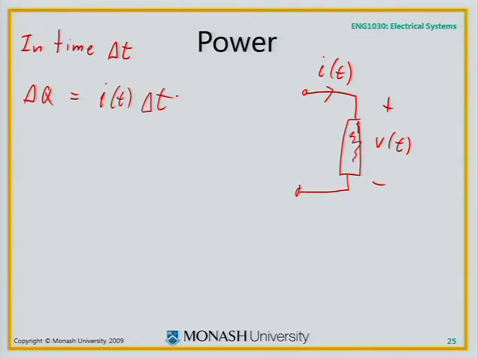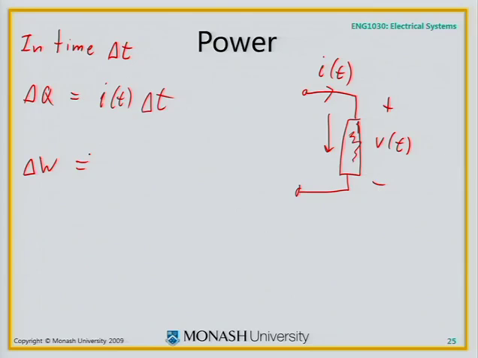So if I move that charge, it drops by V volts, doesn't it? Because I'm moving this charge that way. So how much energy is being absorbed effectively by that element? Remember the way we defined voltage was the amount of energy it takes to move a unit charge between the two things.